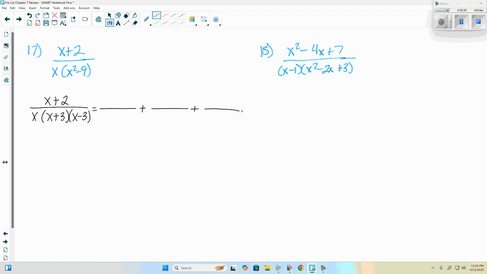Now, a reason I say 16 and 17 are similar is the x squared minus 1 is the difference of perfect squares. It would have been x plus 1 and x minus 1. X squared minus 9 is also a difference of perfect squares: x plus 3, x minus 3.